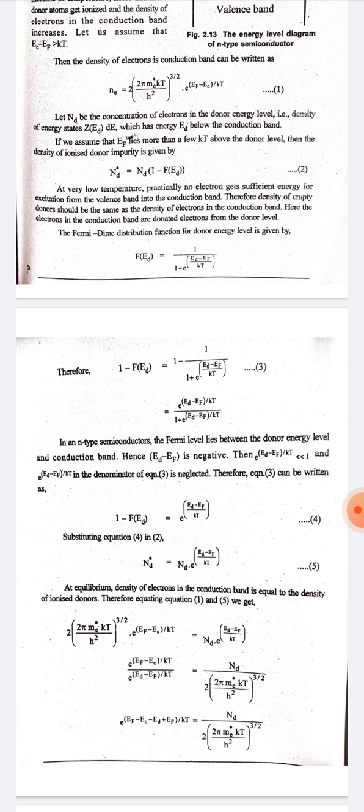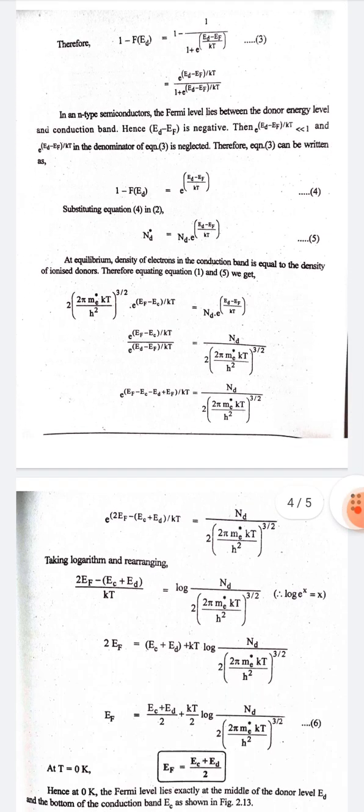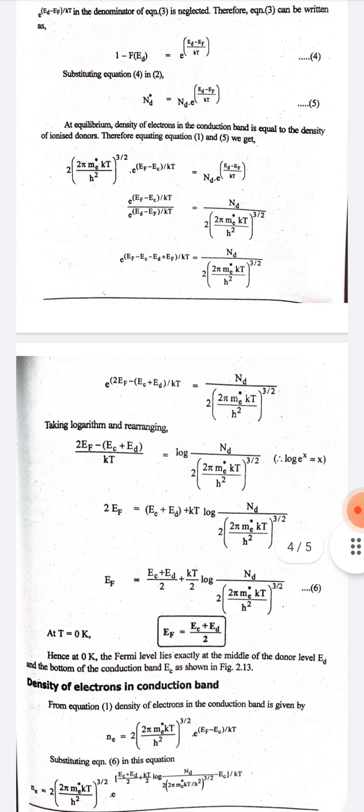At equilibrium condition, the density of electrons in the conduction band equals the density of ionized donors in donor energy level. Therefore, we can equate equations 1 and 5. By substituting the values of Ne, density of electrons, from equation 1, and Nd star, density of ionized donors, from equation 5, and simplifying, we get the Fermi energy level EF equal to (Ec plus Ed) by 2.